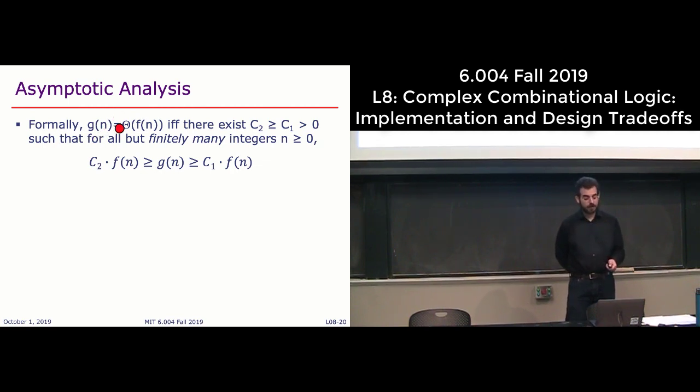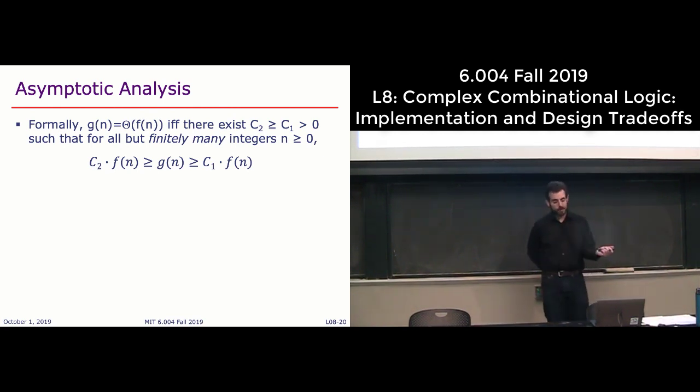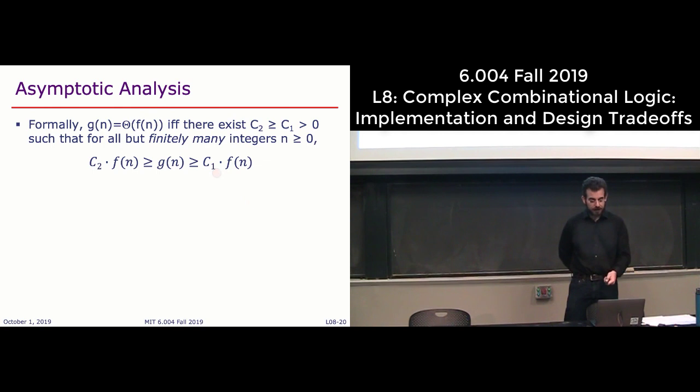If you have a function g of n, we say that g of n is theta of f of n if there are two constants, c1 and c2, that let you bound g of n, except for small values of n, when multiplied with this function f of n. Generally f of n is a simpler function than g of n. In practice, what you'll be doing is dropping every term except the term that grows more rapidly, and then dropping all constant factors to derive this f of n.